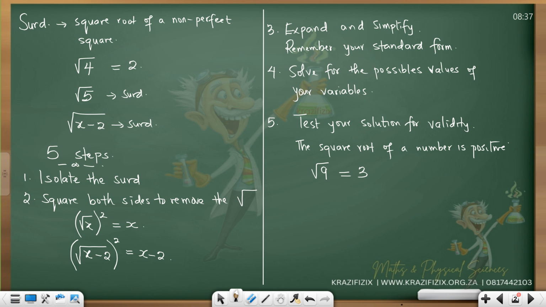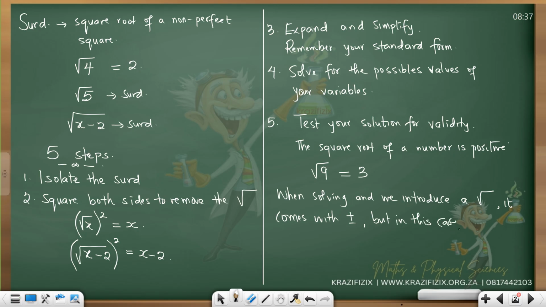When solving and we introduce, that's the key word, a square root, it comes with plus or minus. But in this case, we are given the square root.